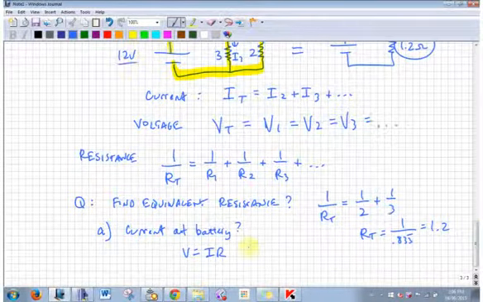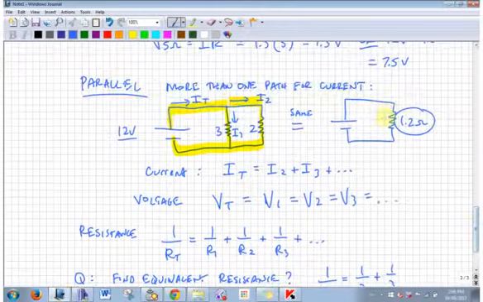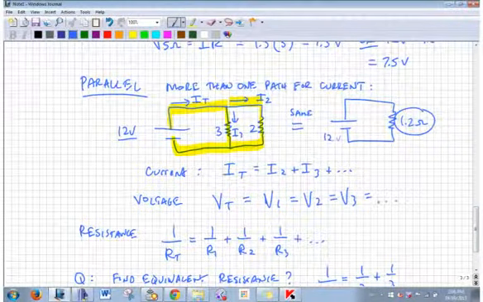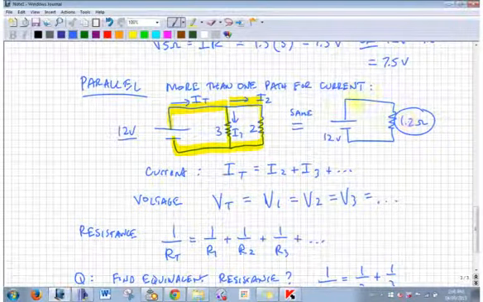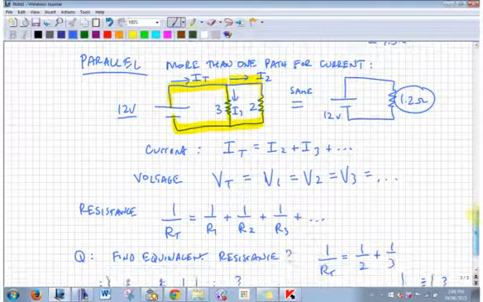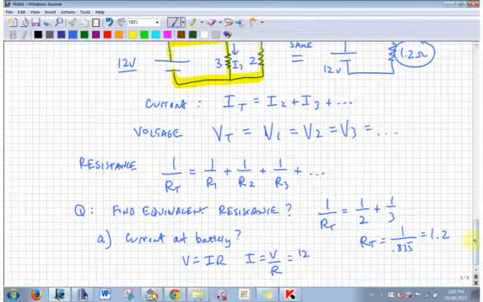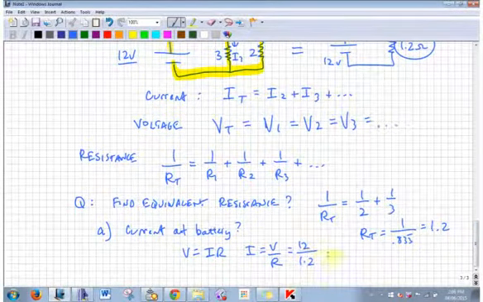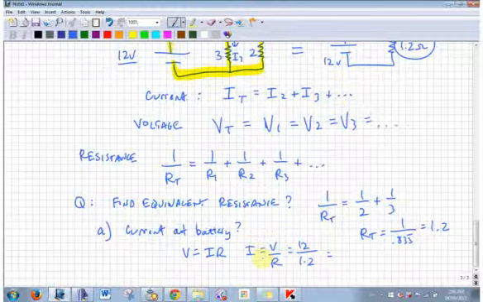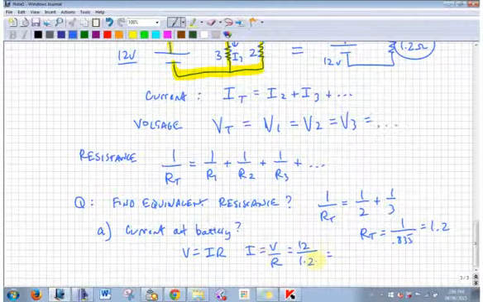At the battery, I know V is 12 volts, right? But now, since I can treat this as a series circuit, that's the equivalent resistance, and the current here is the same everywhere, so that's why I want to do that. So I can figure out the current at the battery. 12 over 1.2, that's a nice 10 amps.